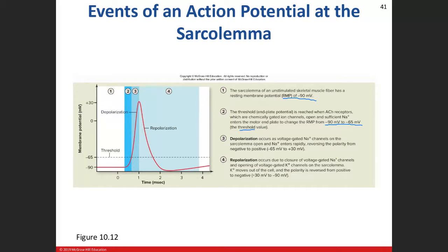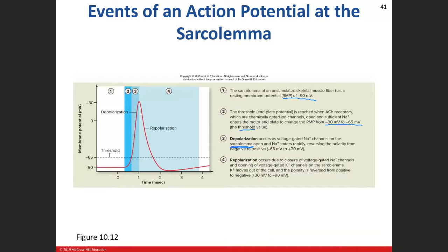Then we get depolarization, but that occurs at the voltage-gated sodium channels, which are located in the sarcolemma. It's not in the motor end plate. Chemically gated channels are in the motor end plate, and our voltage-gated channels are in the sarcolemma.